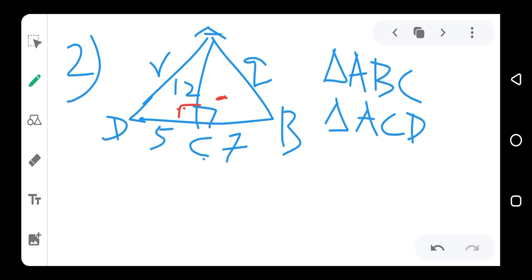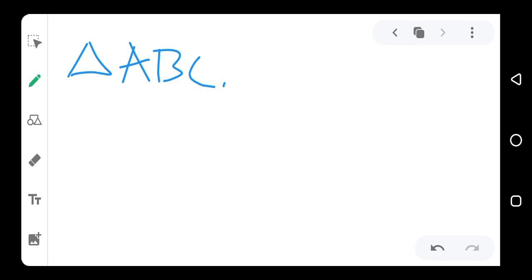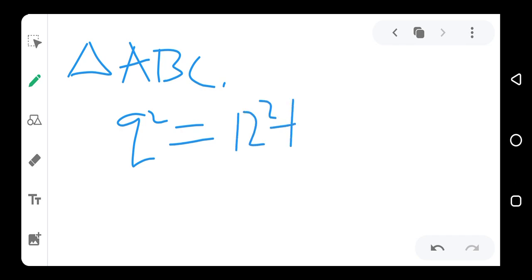Now for triangle ABC, let's start with the first one. So Q squared is equal to 12 squared plus 7 squared, which means 144 plus 49.